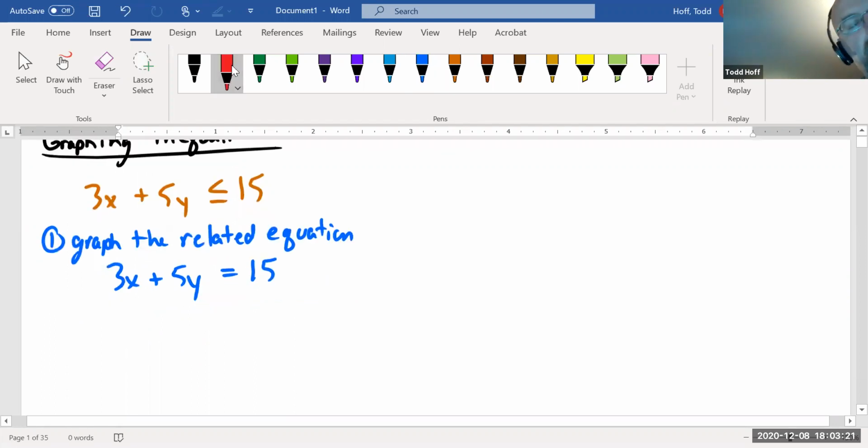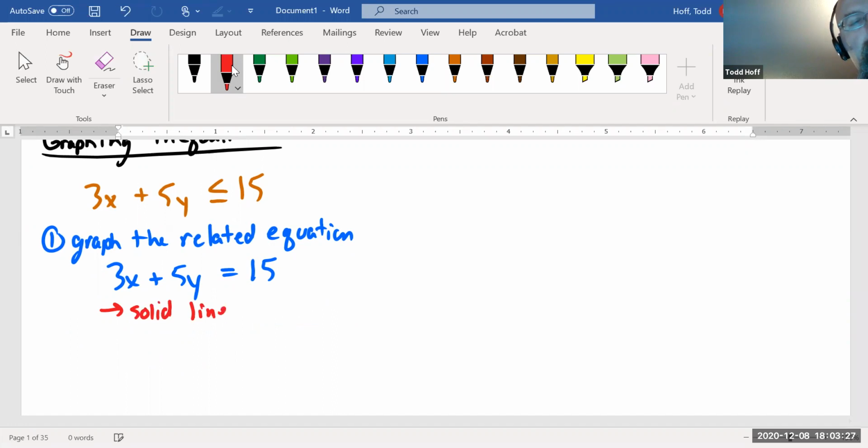Step two is we have to decide, is it a solid line or a dashed line? A dashed line would be if it was strictly less than or strictly greater than. A solid line is less than or equal to or greater than or equal to. Less than or equal to means the boundary can be part of the solution.